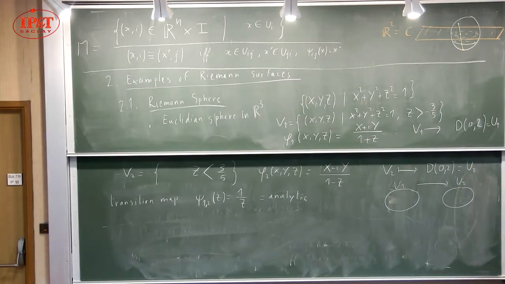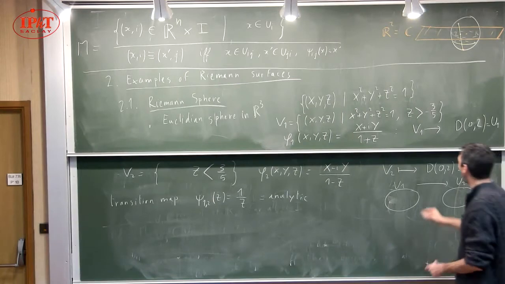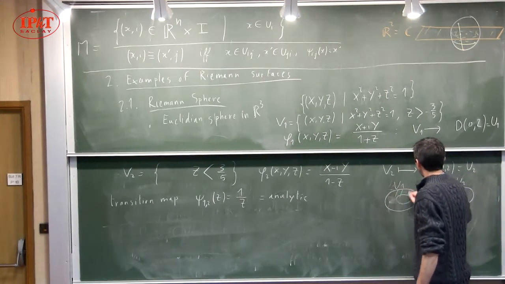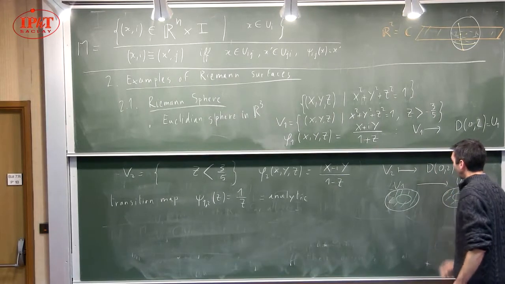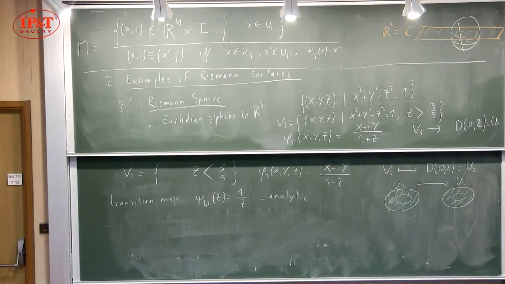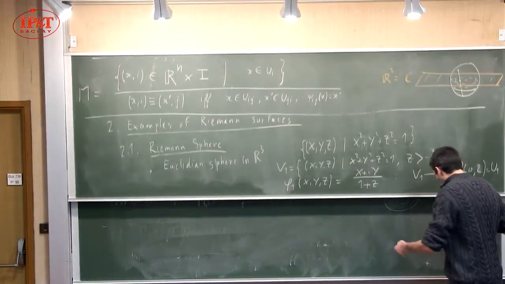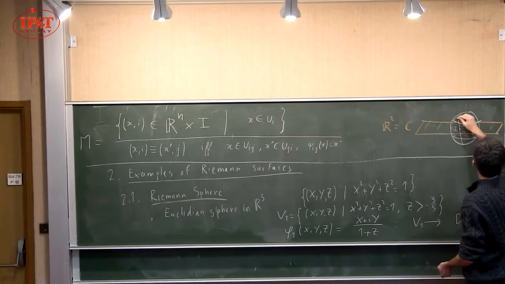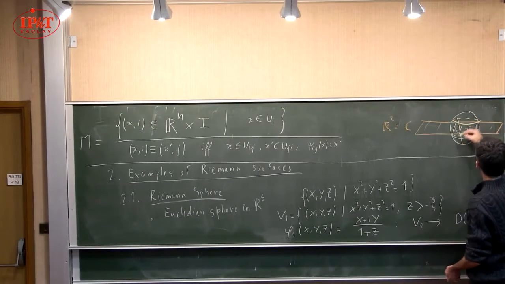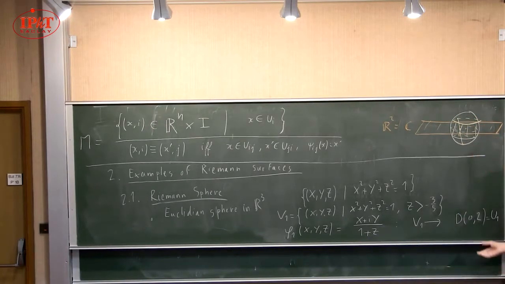And what it sends, in fact, is the annulus into the annulus, which was the intersection of V1 and V2. So on the sphere, this is the region, the annulus is there. Okay.